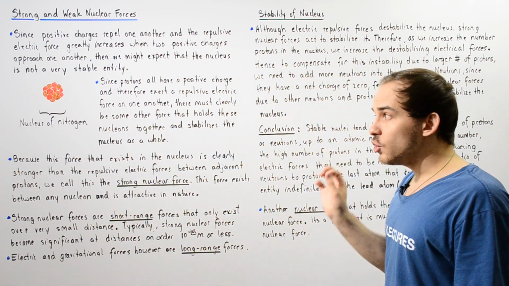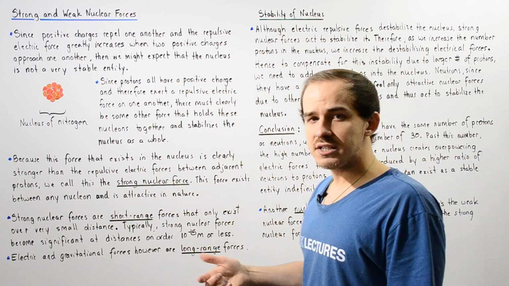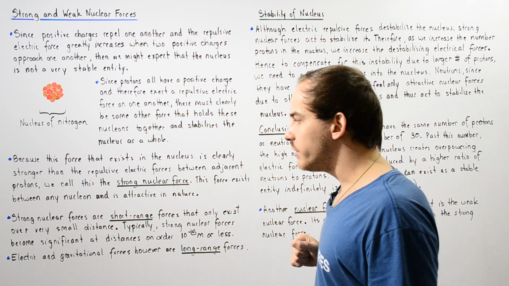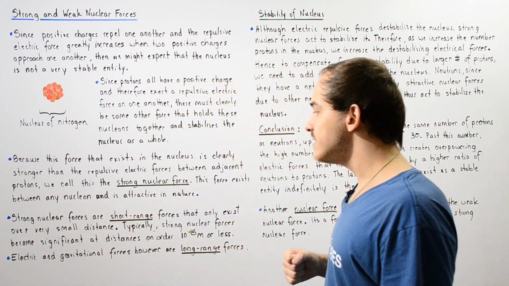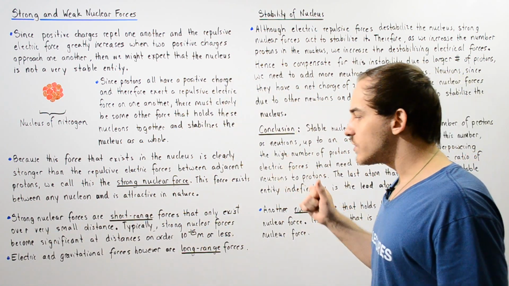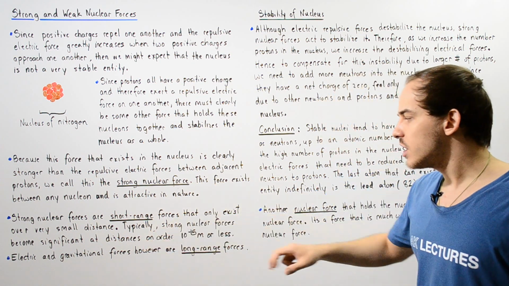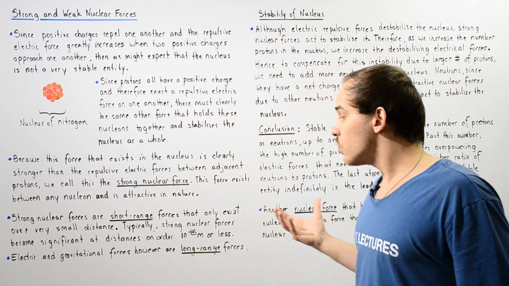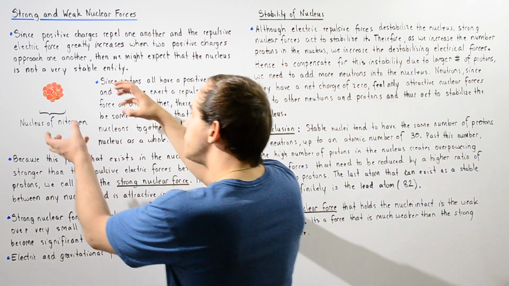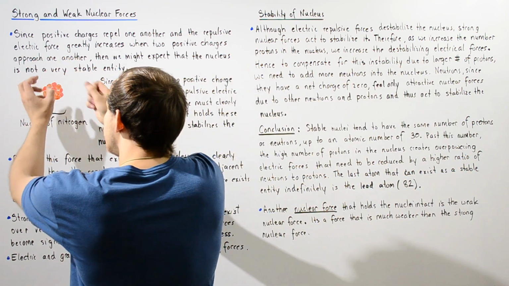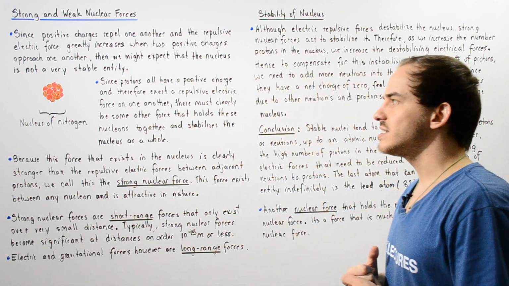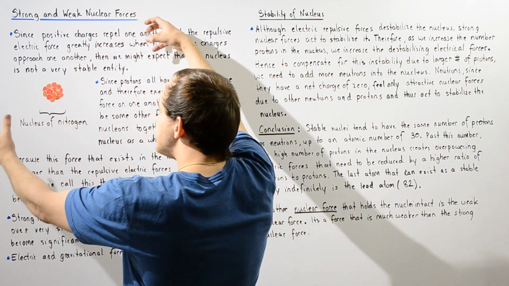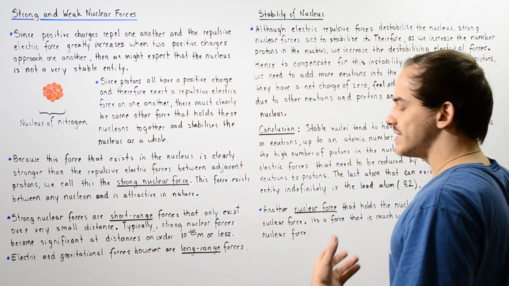However, strong nuclear forces are short range forces because they only exist over very small distances, typically on the order of 10 to the negative 15 meters or less. So this is the distance that only exists between the nucleons found in the nucleus of our atom. And if we get farther away, then these forces basically go to zero.